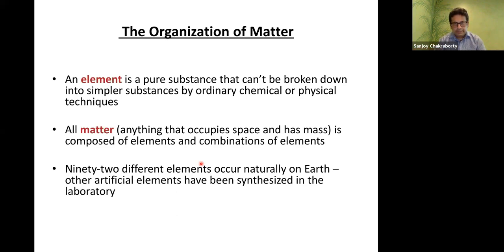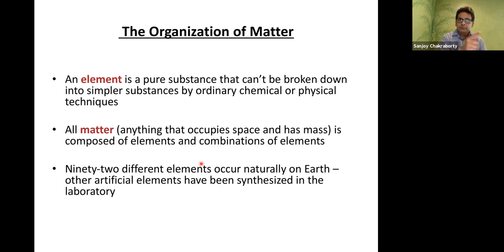If I break them, what do we get? We get subatomic particles. Subatomic particles, many of them, but we're going to focus only on three: proton, neutron, and electron. So once we break open an atom, we get proton, neutron, and electron.